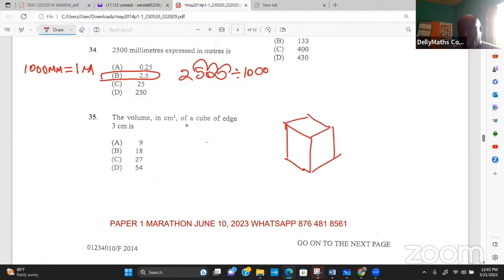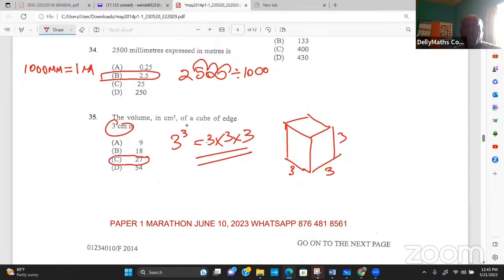When we talk about a cube, you're only going to get 1 dimension because it's all the same around. So 3, 3, 3. So you know it's going to be 3 to the 3rd, which means 3 times 3 times 3. And we're looking for 27. So be careful. Do not add.